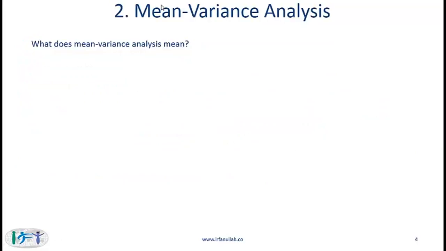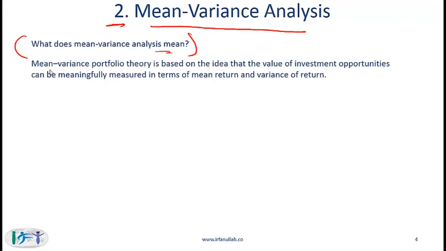All right, let's start with section 2, mean variance analysis. I often start this segment by asking a very simple question. What does mean variance analysis mean? So here is one response. When we talk about mean variance portfolio theory, we are talking about the idea that the value of investment opportunities can be meaningfully measured in terms of mean return and variance of return.